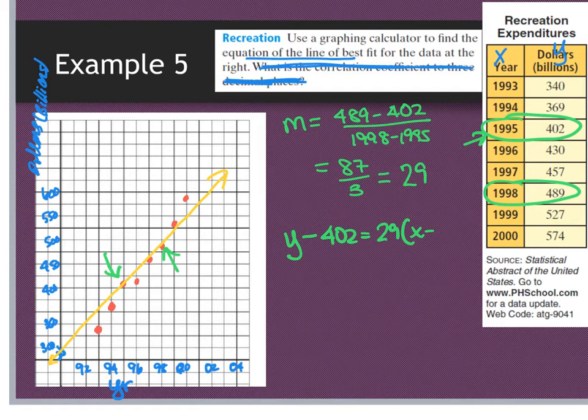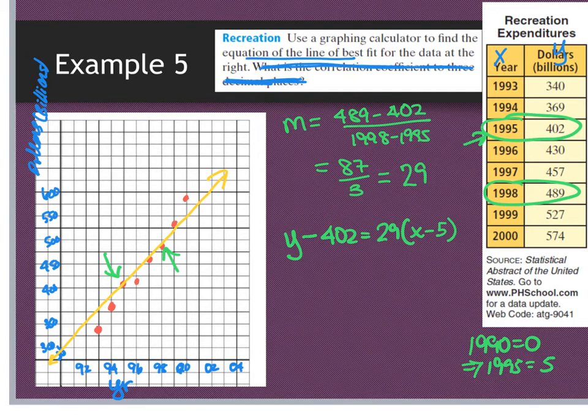I'm going to want to use this as years since 1990. So if 1990 equals 0, then 1995 would have to equal 5 because it's 5 years after 1990. Just like the year 2000 is going to be 10 years after the year 1990. So I'm going to plug in a 5.